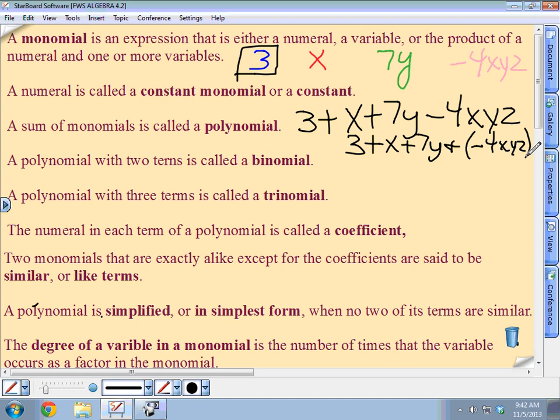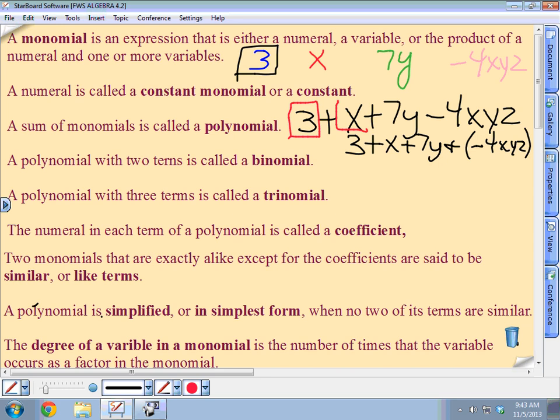Okay, in this one, how many terms are there? Or how many monomials are there? Elise, in this one here that I wrote, how many monomials are there? Well, they're separated by the plus sign.